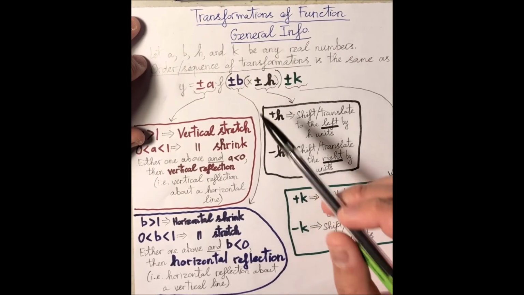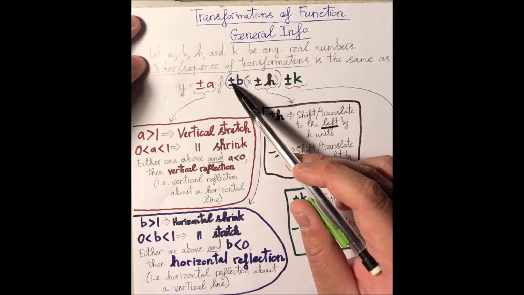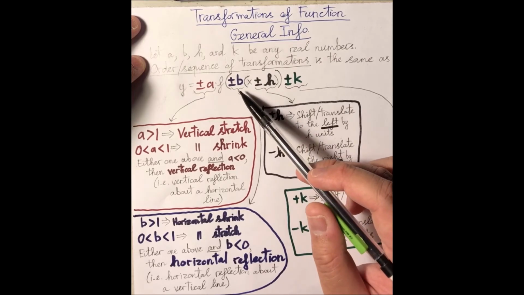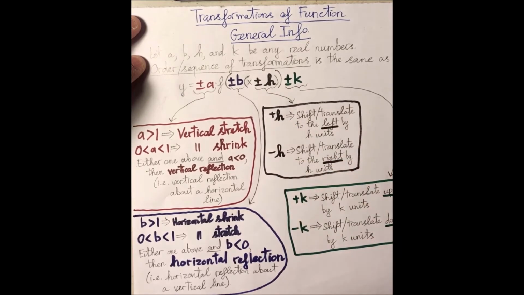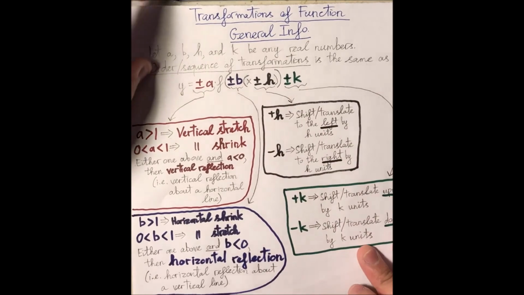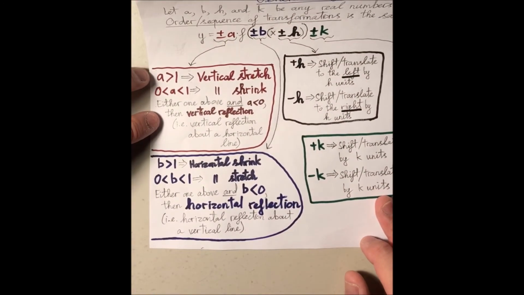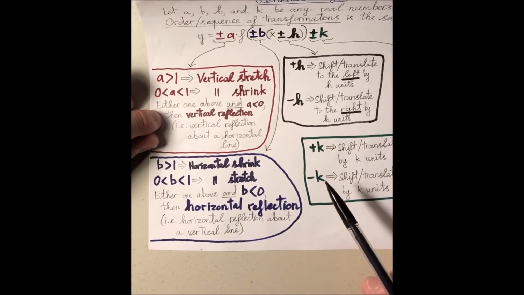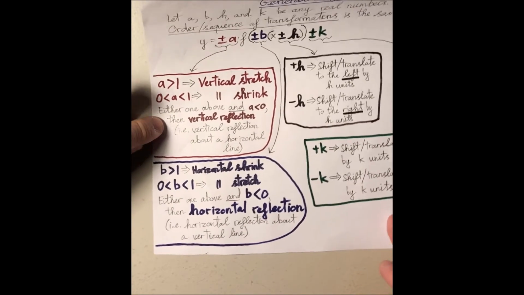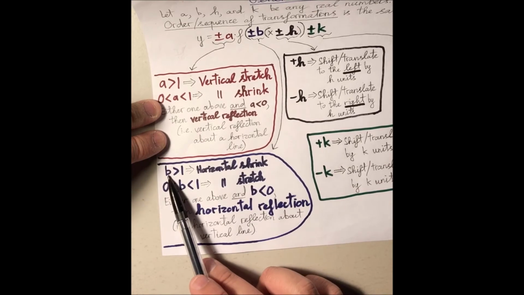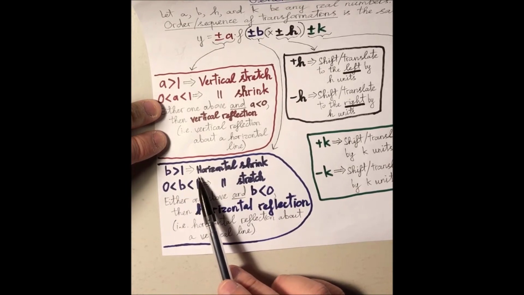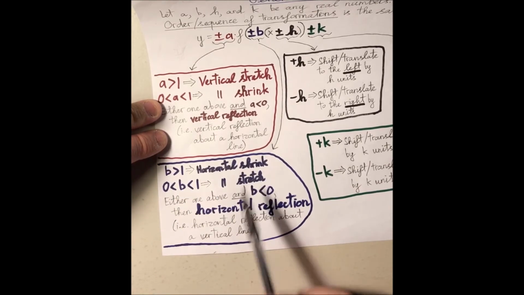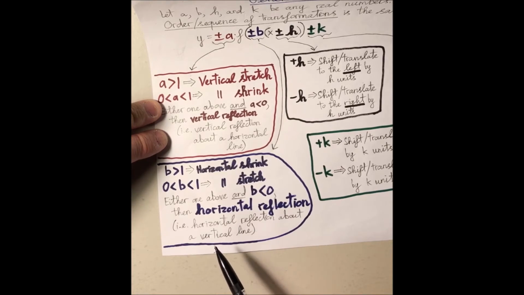Now, the next component is the plus or minus b inside your function f. The plus or minus b is similar to the component lowercase a, except that if your b is greater than 1, then it will represent a horizontal shrink or a horizontal compression.